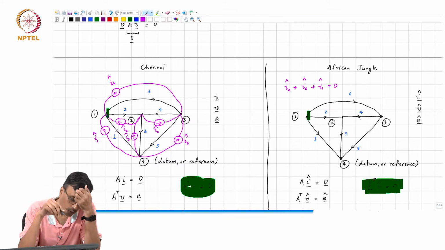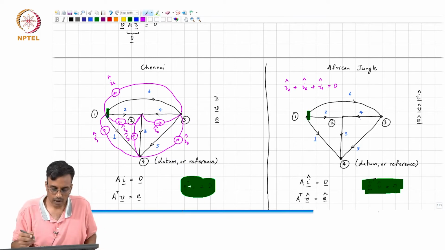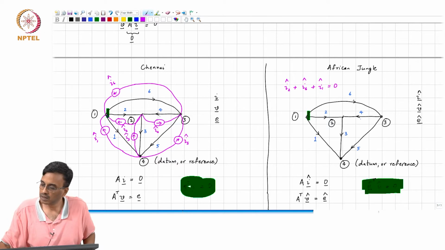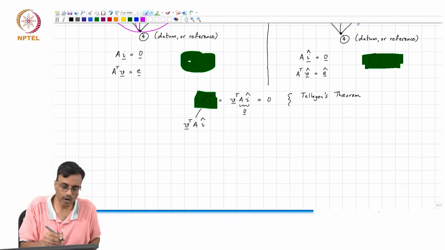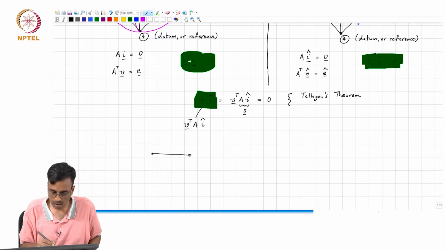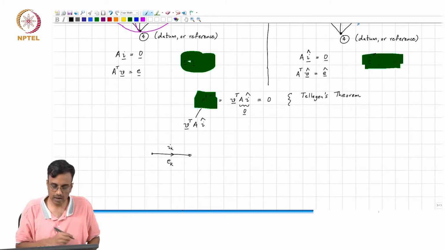So, nothing has happened to the branch voltages or the branch currents. In other words, in the original network, if there was a branch, let us call this EK and IK, where IK is the current and EK is the voltage.